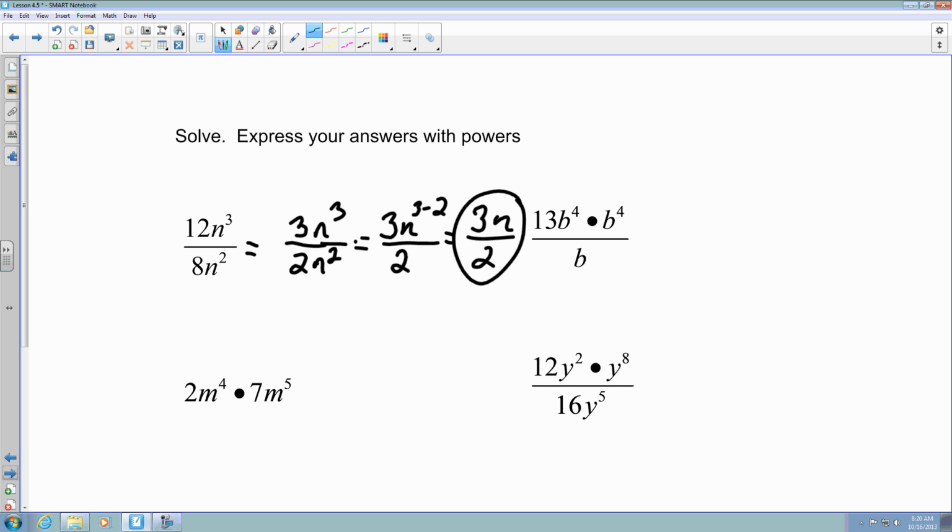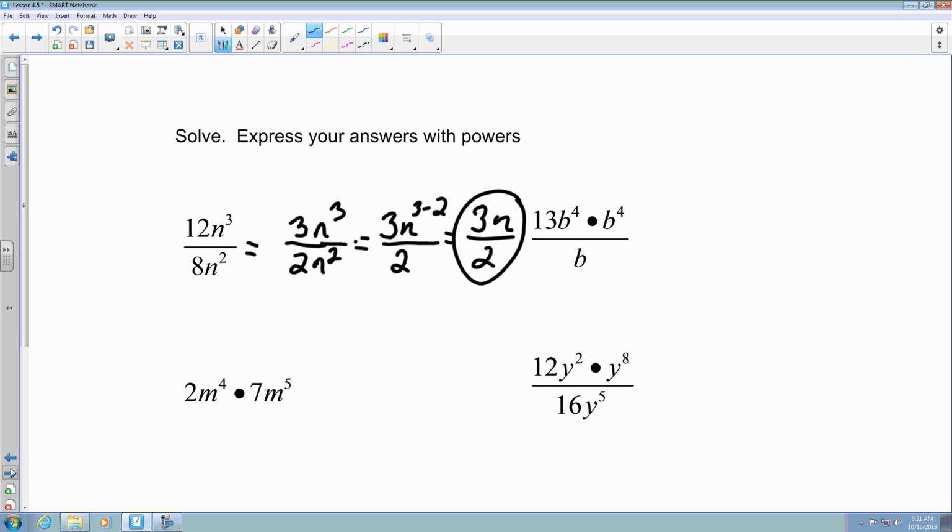Looking at the second one, I can see that I have a different base of 13, and there's no other value there, so that is in lowest terms. Now I'm going to worry about the values that have the same base. At the top, I have b to the 4 multiplied by b to the 4.